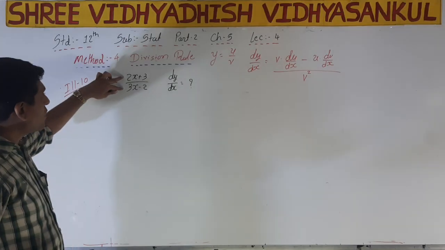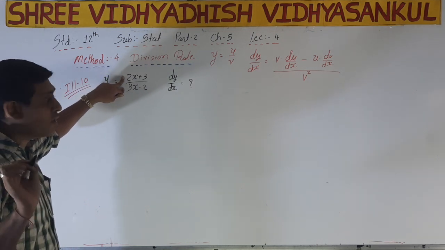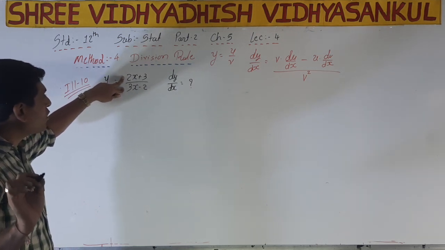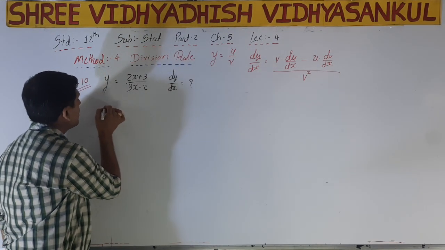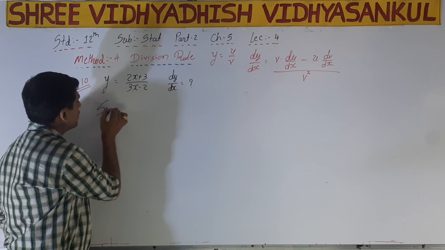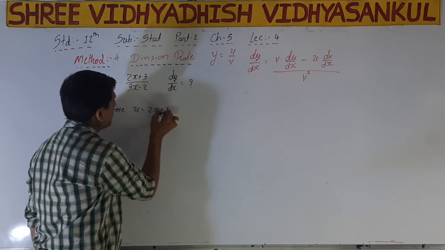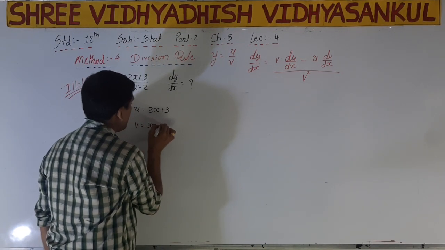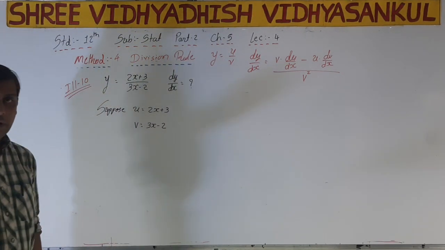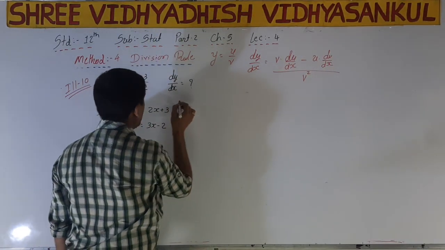We can see that this is the division rule, 2x plus 3 and 3x minus 2. Now suppose u is equal to 2x plus 3 and v is equal to 3x minus 2. Now we have to find out first of all du by dx and dv by dx.